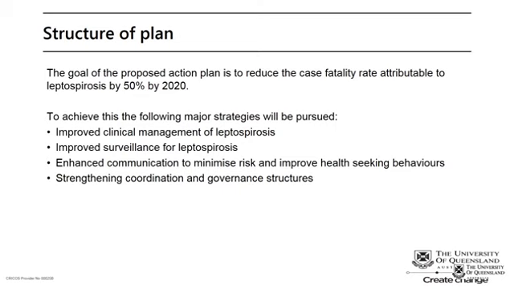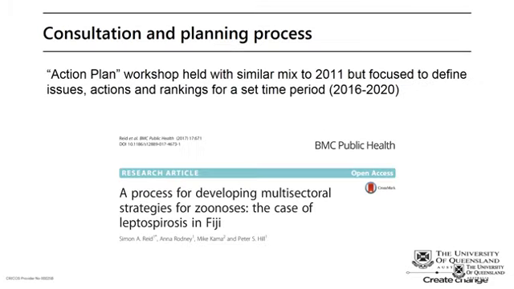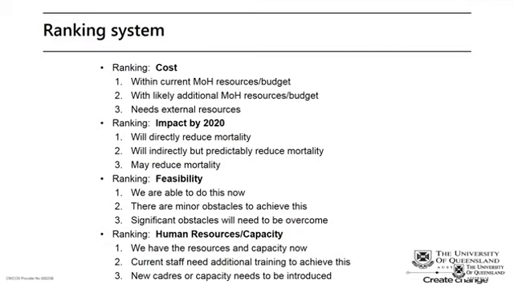Clinical management, surveillance, communication, or prevention. So those are the 4 areas that were in this plan. And so you'll see immediately that we've taken out the professional and the disciplinary boundaries, and we've looked at actually what has to be done.